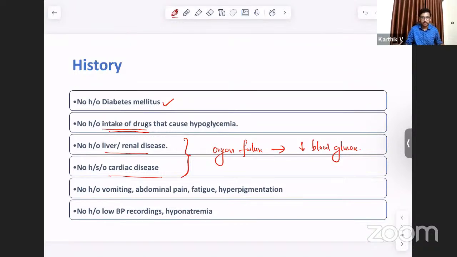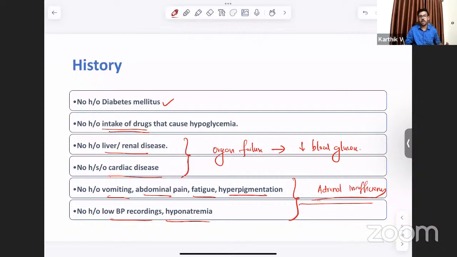Now tell me, why is the history of abdominal pain, vomiting, fatigue, hyperpigmentation, low BP recordings, hyponatremia, why are all these factors important in a patient with hypoglycemia? So as you might have rightly guessed, this could suggest the possibility of adrenal insufficiency. To be specific, primary adrenal insufficiency.